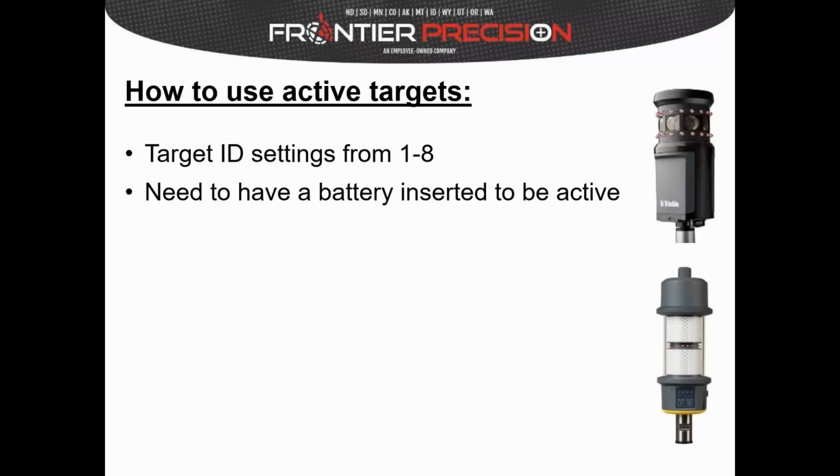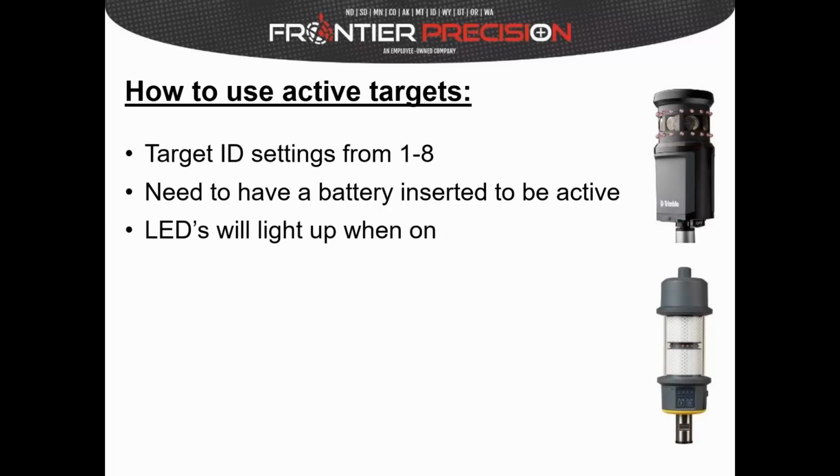We've seen many instances where to save a little money, somebody will go buy the generic, the interstate type or the generic type aftermarket battery, and what will happen is the grooves won't be quite right or something like that, and they'll slide it in the MT1000. It'll work, and then when they try to pop it out to change batteries, the battery will be stuck and you can't get it out. So I can't stress enough, use the Trimble batteries in these targets to make sure you can get them in and out properly.